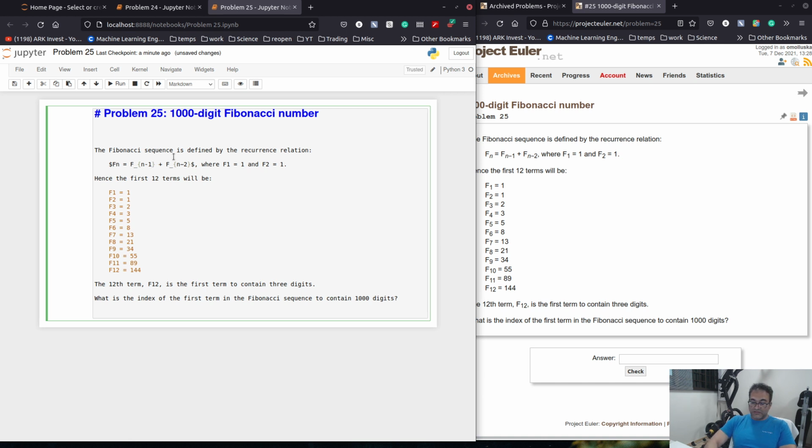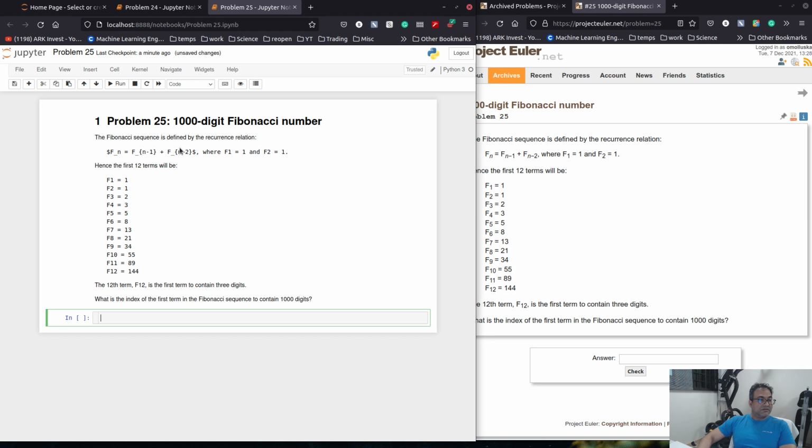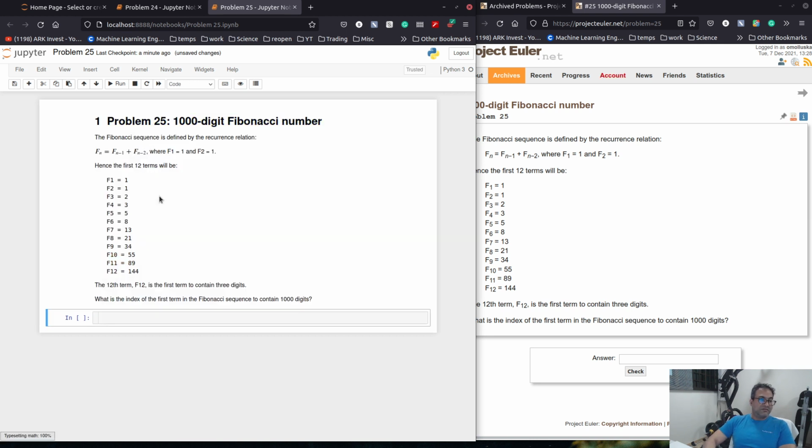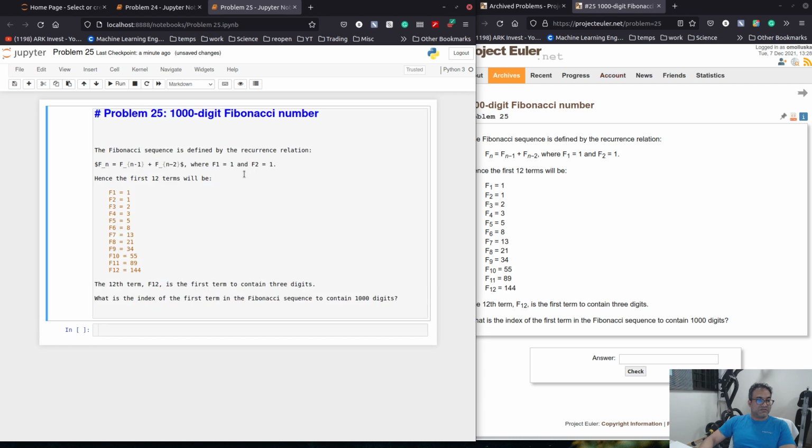And like that. What the hell is this? Yeah, so that looks like an equation. F1 is 1. F1 is 1. And F2 is 1.